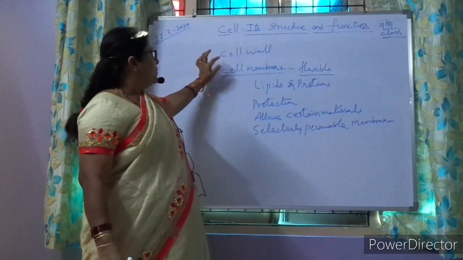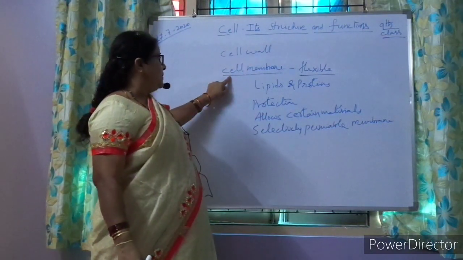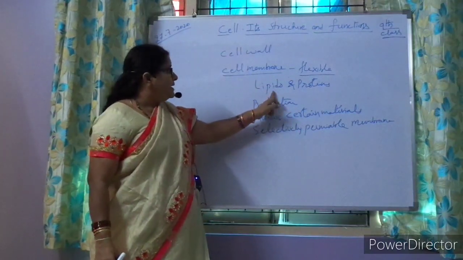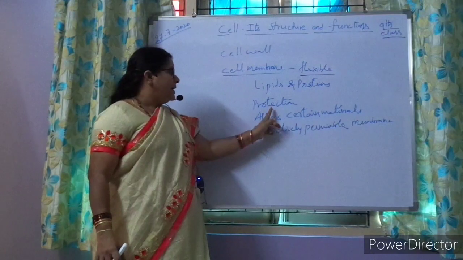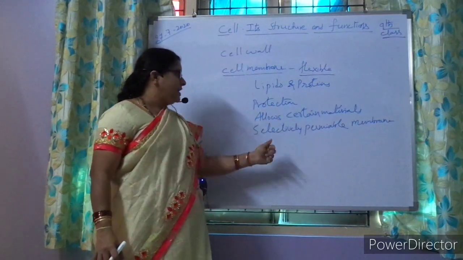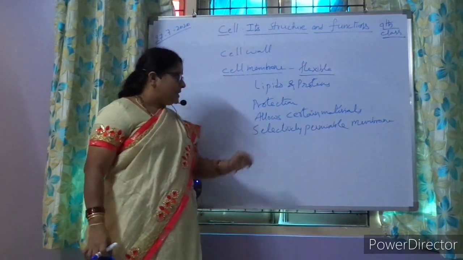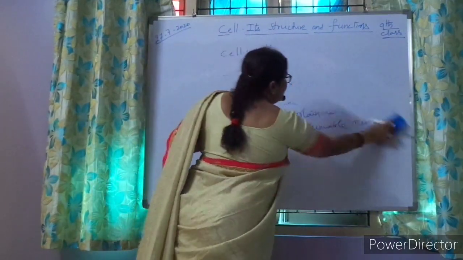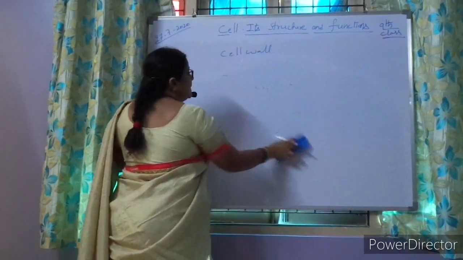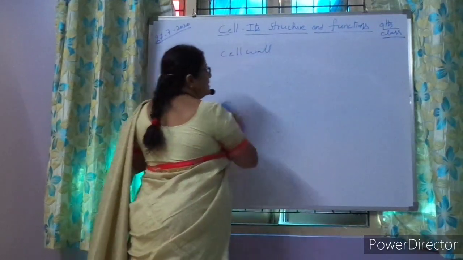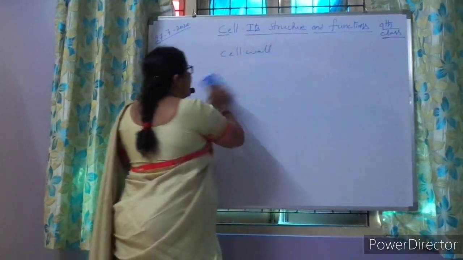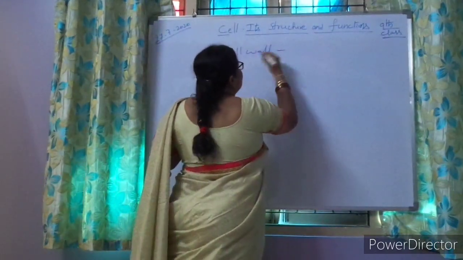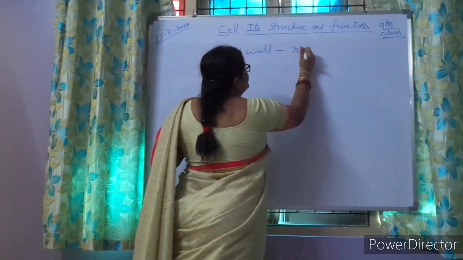Please remember here, the cell membrane is the outermost covering, it is flexible in nature, it is made up of lipids and proteins, it helps in protection and allows certain materials, and it is also called a selectively permeable membrane. Now the cell wall, if we see, is present in the plant cells, and it also helps in protecting the cell, and it gives plants rigidity.